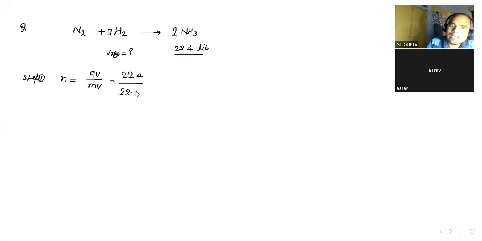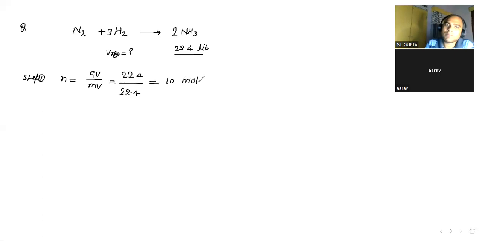The liters will cancel out. How much value will come? 10. Multiplying numerator and denominator by 10 to remove the decimal, it cancels out, leaving 10 moles.